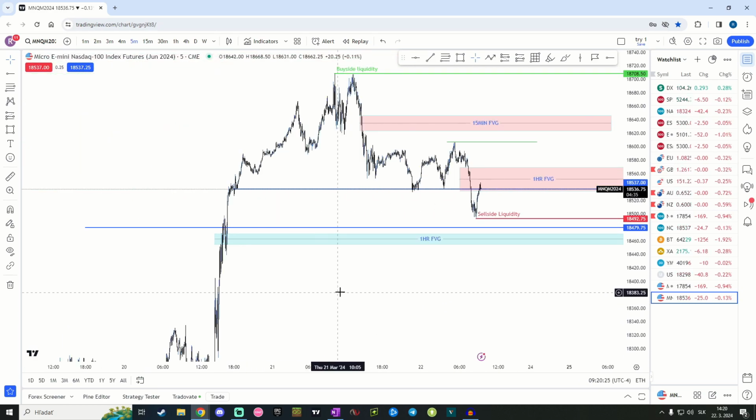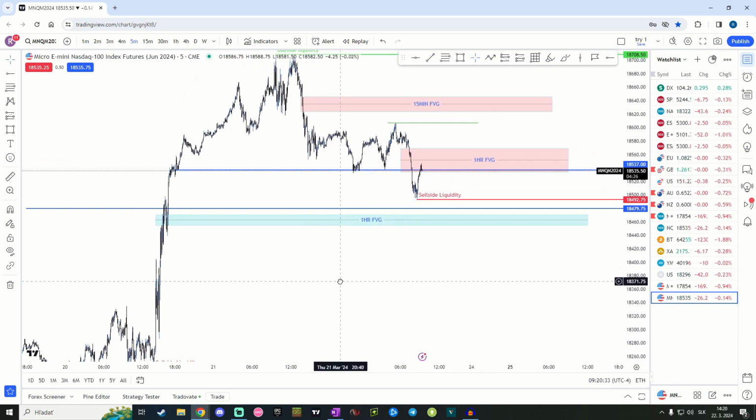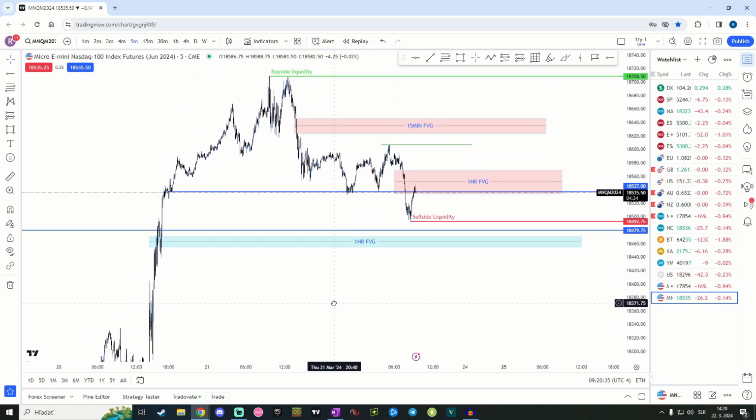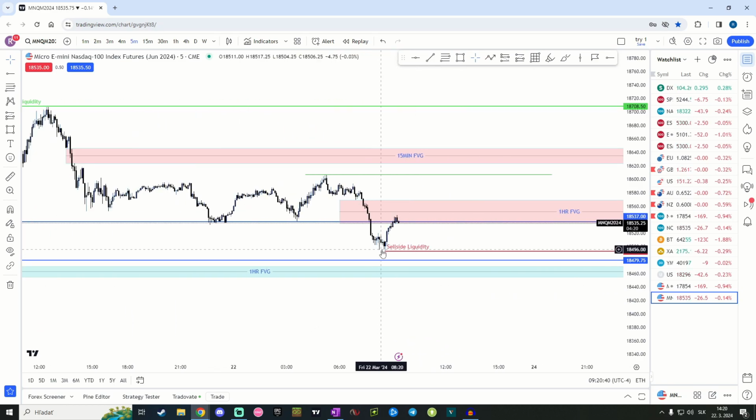But I'm thinking, what should I demand when it comes to what kind of side I would want to favor and where would I like to look for setups. This is a potential area where I can look for longs.